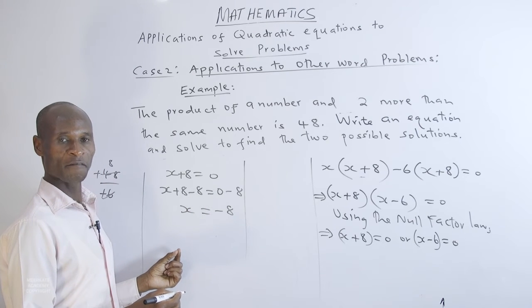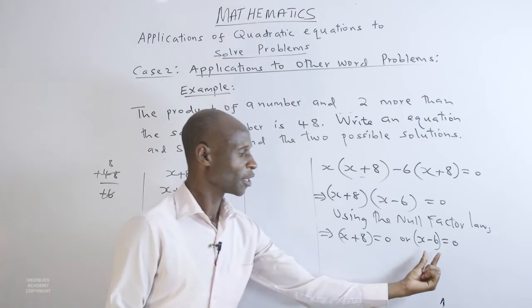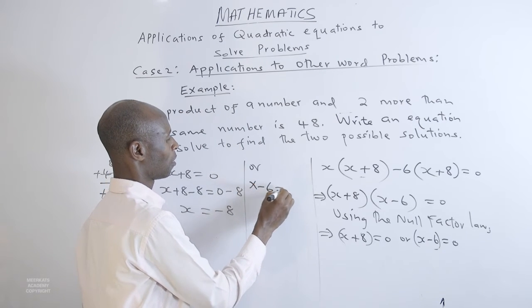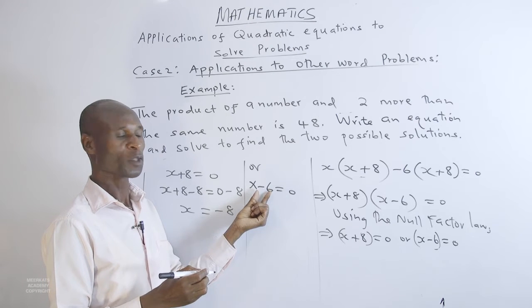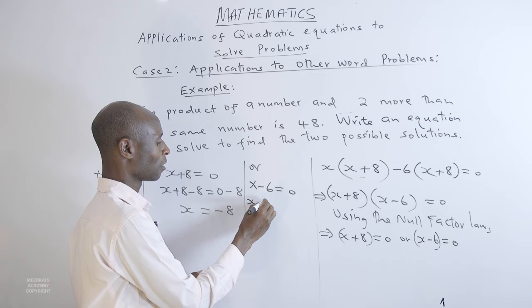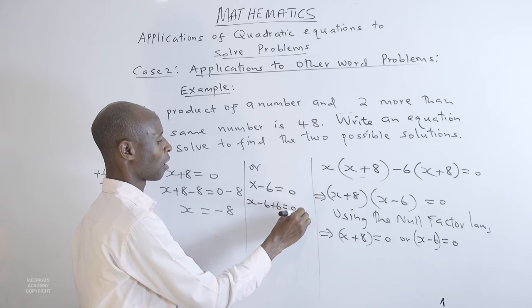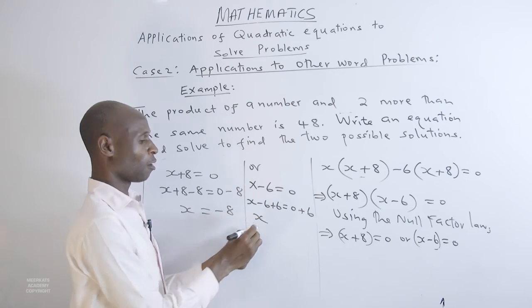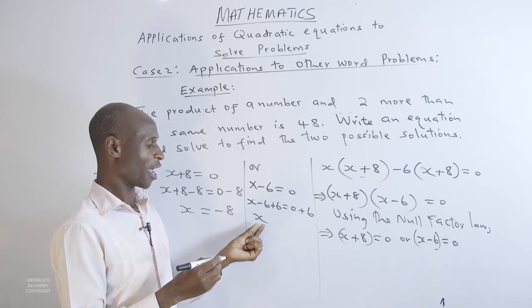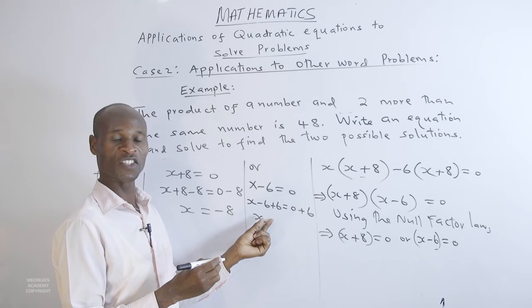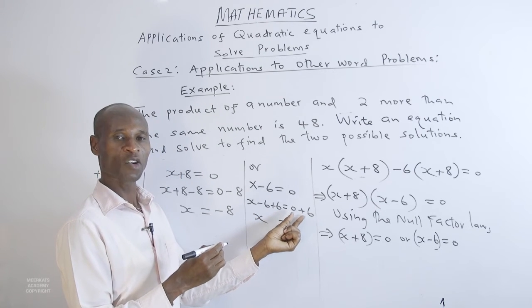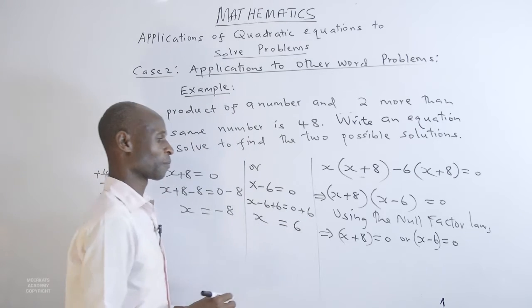What is the second value of x? We use the second linear factor, x minus 6 equals 0. To find the value of x, you add 6 on both sides. On the left, we remain with x minus 6 plus 6, which is x, because minus 6 plus 6 is 0. On the right is 0 plus 6, which is 6.